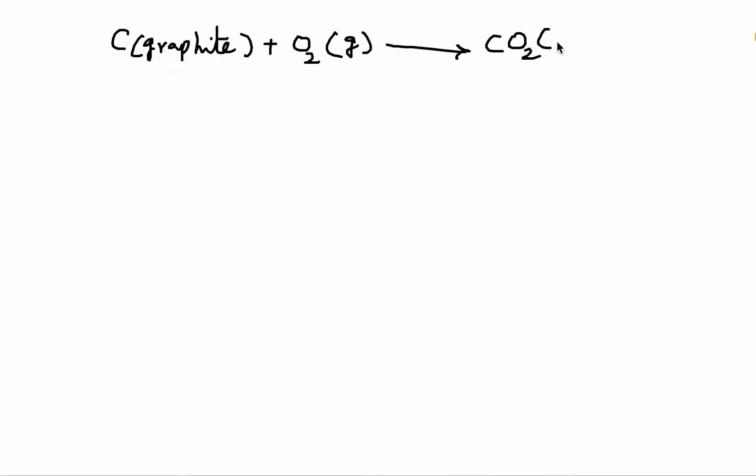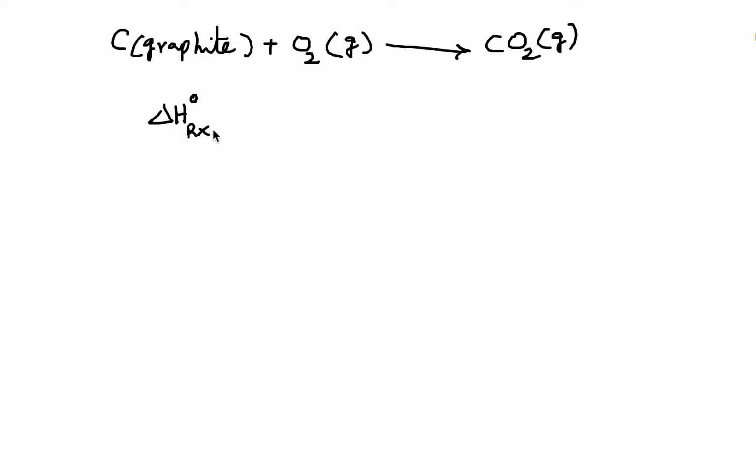So let's take carbon, which at the standard condition exists as graphite, and oxygen is O2, which is a gas, and giving us carbon dioxide gas. Okay, and if we apply the enthalpy of reaction formula, let's say we are in standard condition.